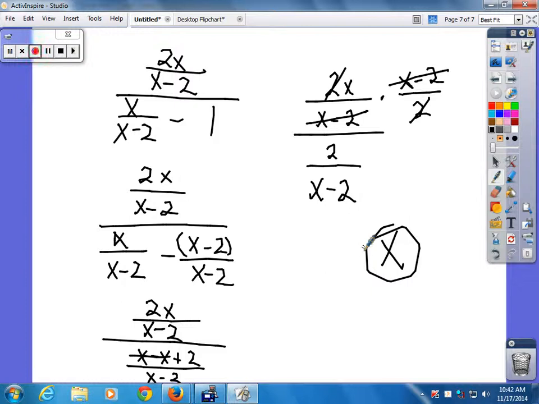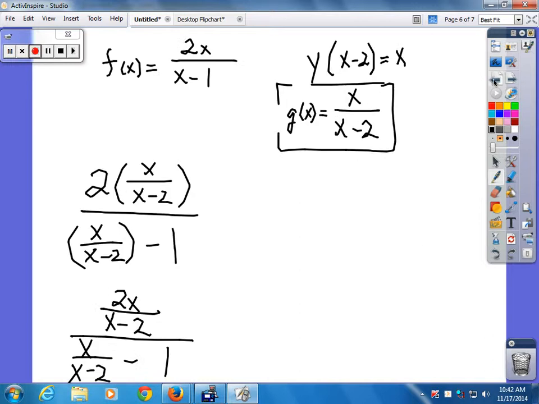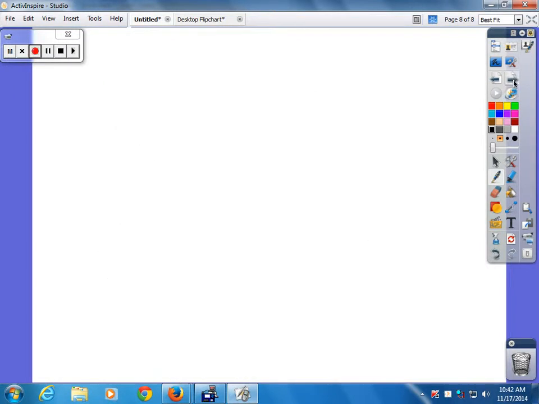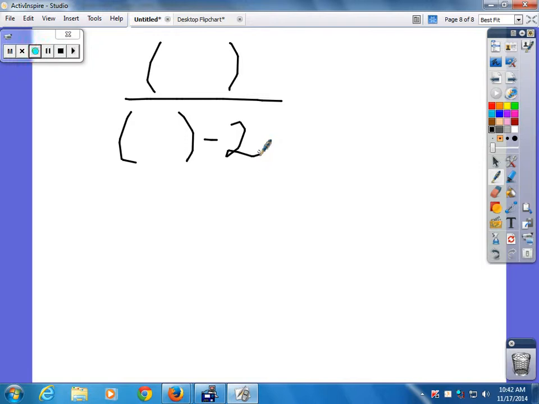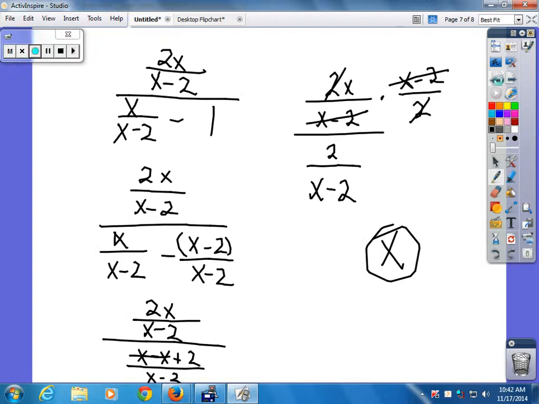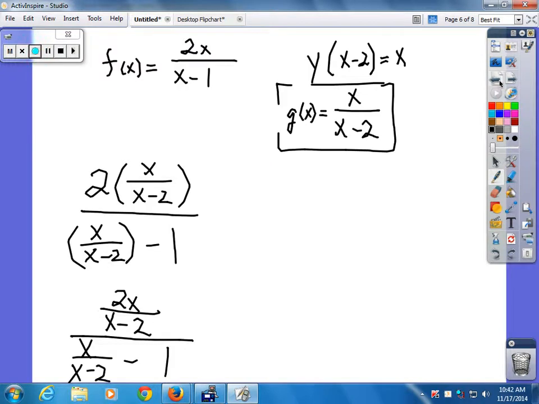All right, everybody got that? So let's go back to the other one. G composed of F. Parentheses over parentheses minus 2. And then we're going to plug in 2x over x minus 1.